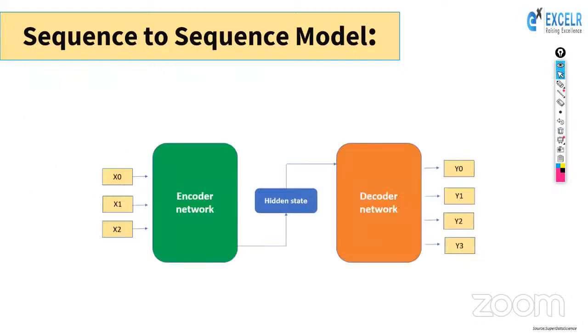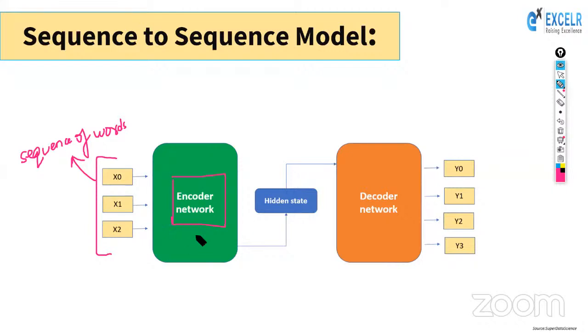So if I show you how this encoder-decoder model looks, you have your input data. Now, what is your input data? Since we are dealing with text data, the input is a sequence of words, right? Or characters. It can be characters also. So you are getting a sequence of words as input, and this is the input for your encoder network.